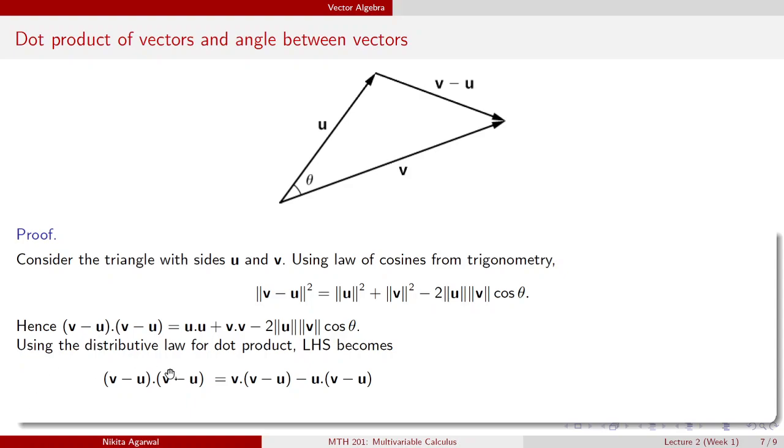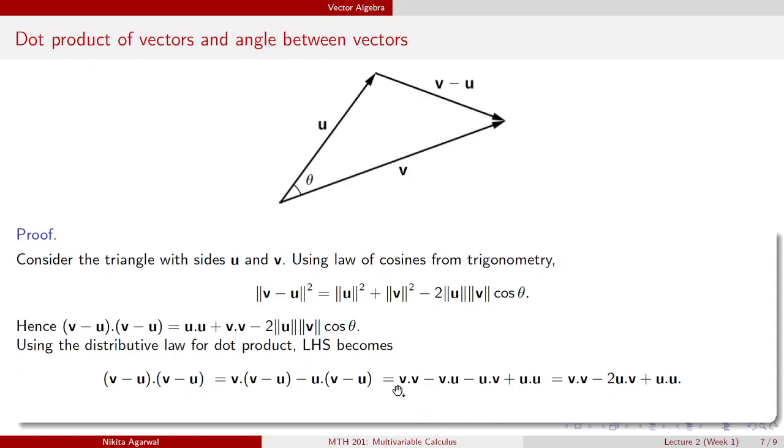That's what we are using here. So v minus u dot v minus u is v dot (v minus u) minus u dot (v minus u). Now again you use distributivity, you get v dot v minus v dot u minus u dot v plus u dot u, right?